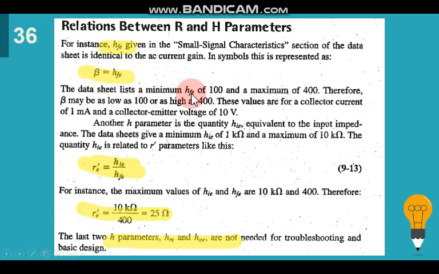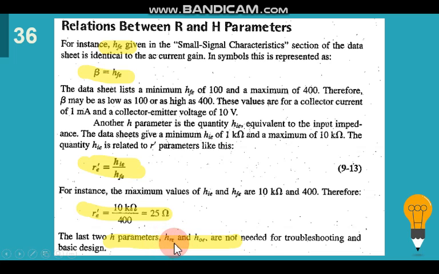If it is written in the data sheet that HFE is in the range of 100 to 400 for collector current 1 milliampere and collector voltage 10 volt, that means your transistor will have beta in the range of 100 to 400, the variation. Another H parameter is HIE, which is equivalent to input impedance. The equation is HIE upon HFE. For instance, if the values of HIE and HFE are 10K and 400, then your RE dash will be 25 ohm.